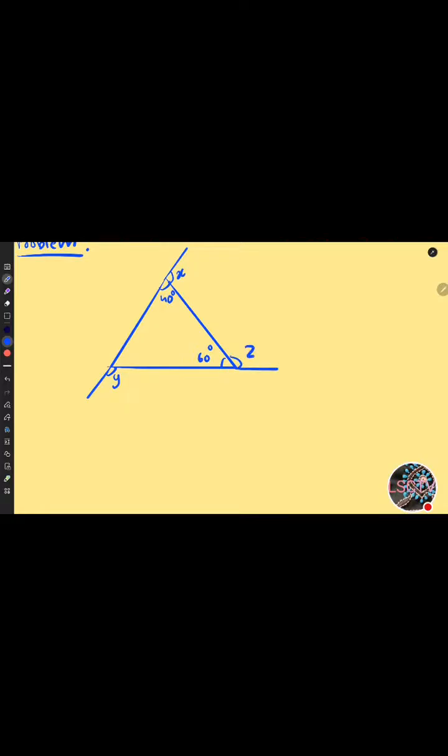Find the measures of x, y, and z. Simple, guys. Come on, okay. Measure of x: 180 minus 40, 140 degrees. Measure of y: first we'll find measure of z, 60, 120 degrees. Fine. 40 plus 60 is 100, 180 minus 100, kitna? 80 degrees. So y equals 100 degrees.